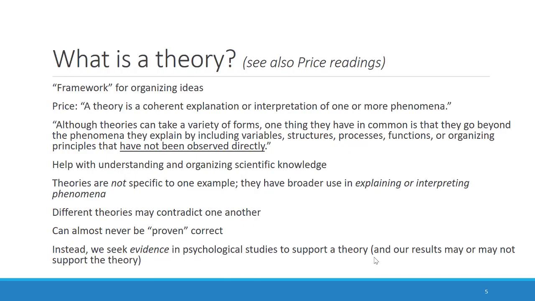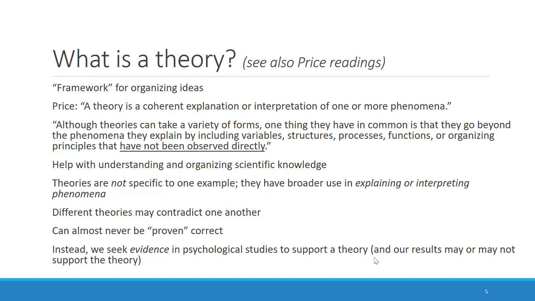All right, so let's review what is a theory. This is also covered in detail in the chapters that you read in your Price online textbook. A theory is a framework for organizing ideas. So Price provides a definition that a theory is a coherent explanation or interpretation of one or more phenomena.